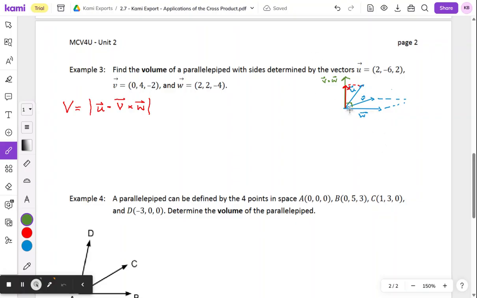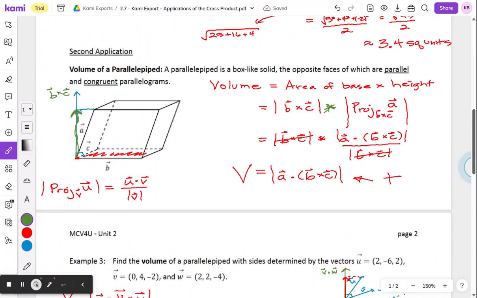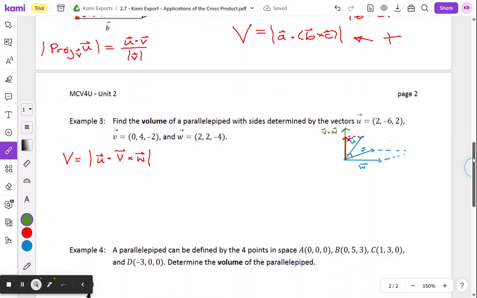Okay? So remember when we were calculating this, we were using the area of the base, and then we were multiplying it by the projection of u onto the cross product of v and w, and we came up with a simplified formula to use.